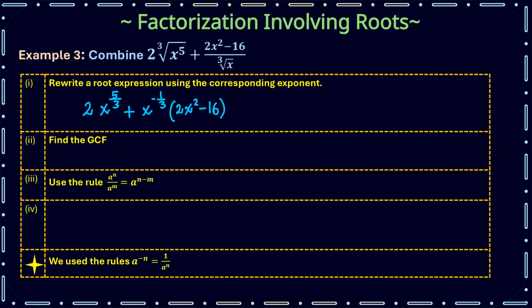So you can start by factoring out that GCF from the second group. I'm going to take the 2 and put it in front of x to the negative 1/3. Inside the parentheses, we are left with x squared minus 4.